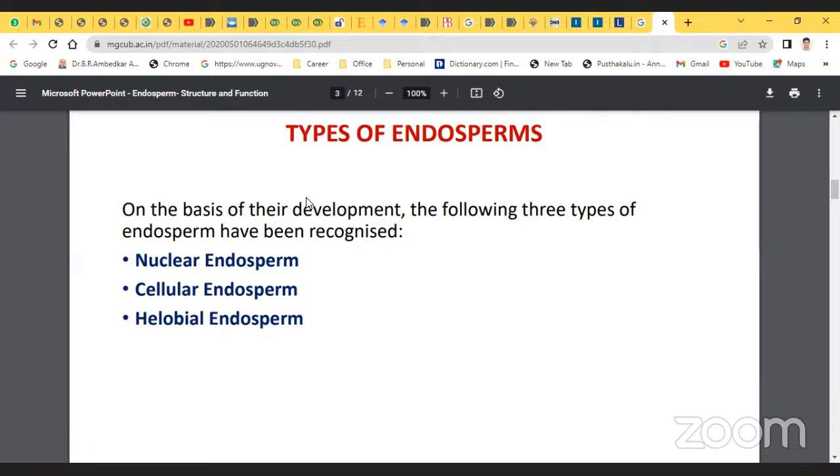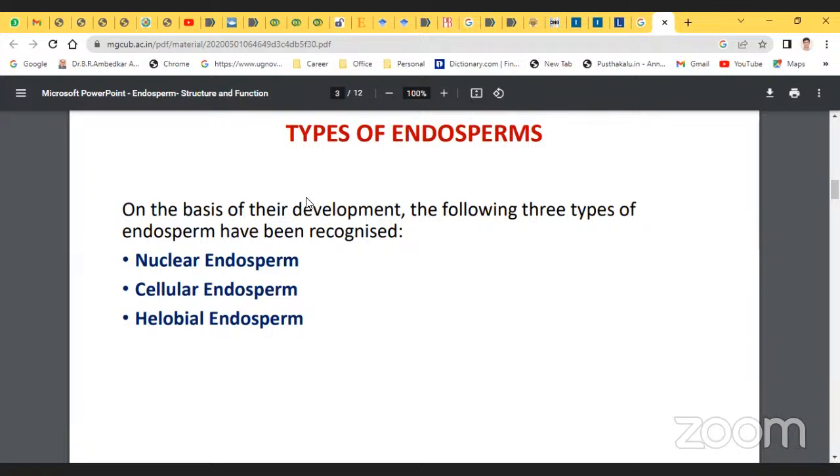Once again I repeat. There are 3 types of endosperm, recognized on the basis of development: nuclear endosperm, cellular endosperm, and helobial endosperm. Nuclear endosperm is the most common and is found in 56% of the families of the angiosperms.